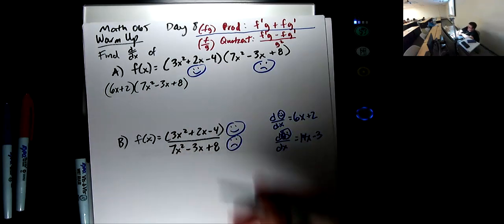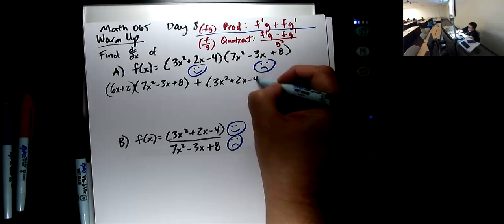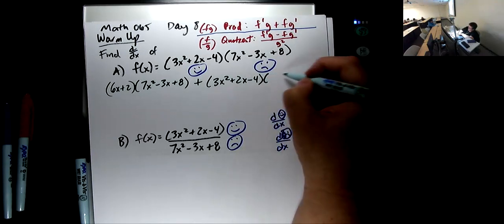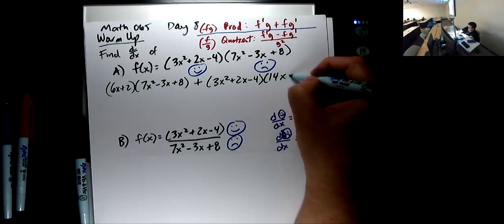And then we add. This time we leave the first one alone and do the derivative of the second. So multiply smiley face by d frowny face dx, 14x minus 3.